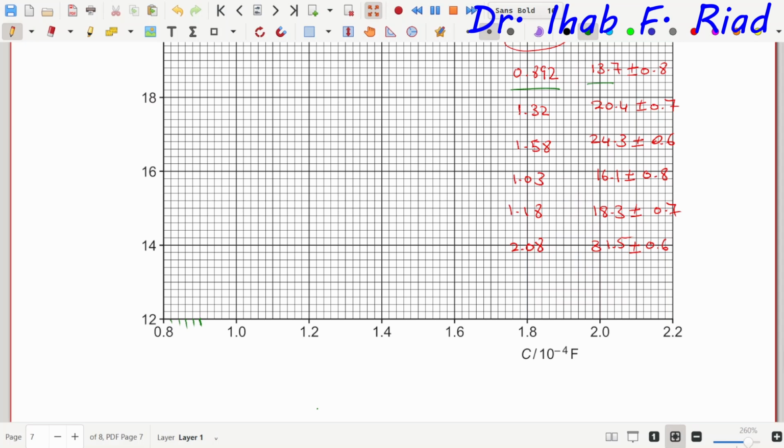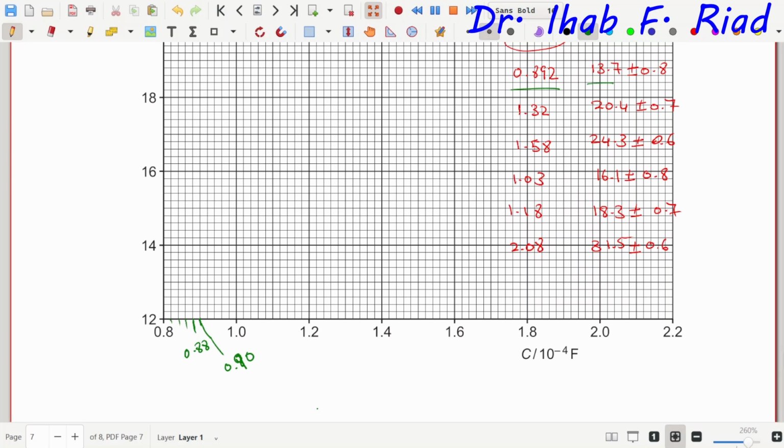Okay. So it is 0.9 over here, and we have 0.88 and 0.9.